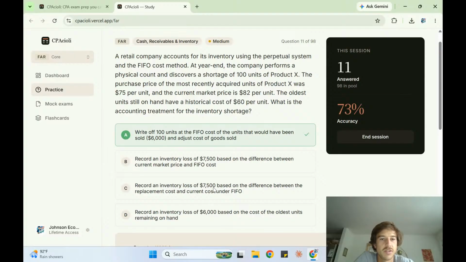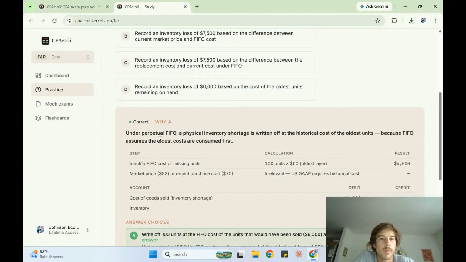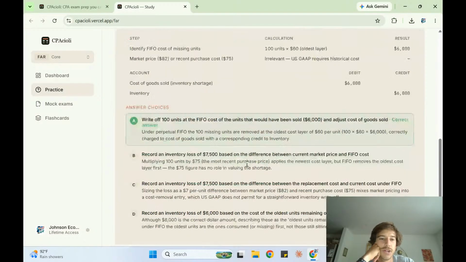I believe it's this. Okay. Perpetual FIFO, a physical inventory shortage is written off at the historical cost of the oldest units because FIFO assumes the oldest costs are consumed first. So why would it not be D?